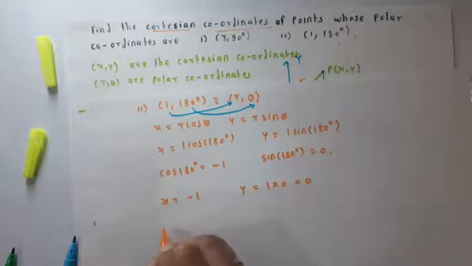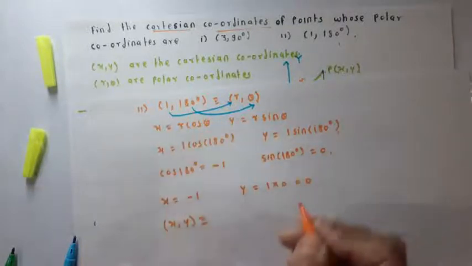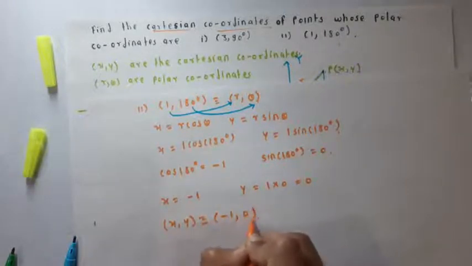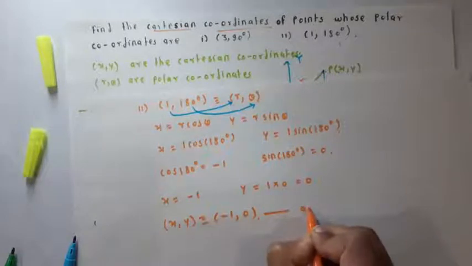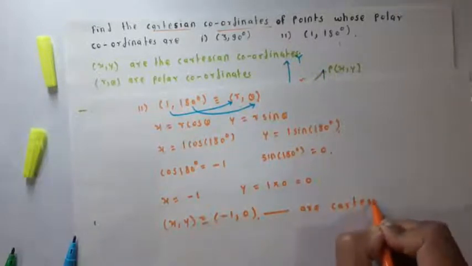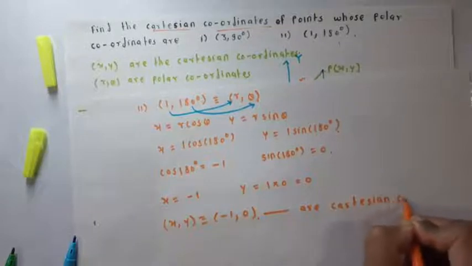Therefore the Cartesian coordinates (x, y) related to these polar coordinates are (minus 1, 0).